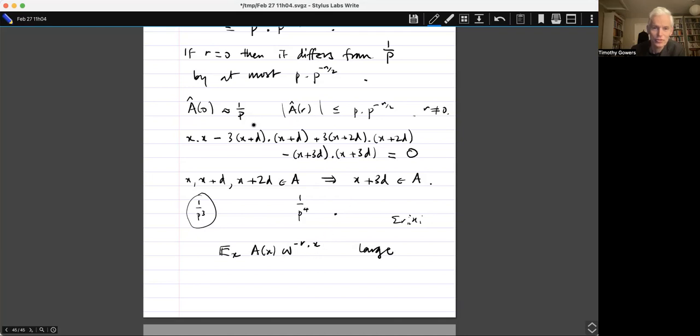Now we've seen that this A has a distinct correlation with a quadratic function. So in this particular case, we can show that the average of A(x) omega to the minus x dot x is large for this particular set A that I defined up here.